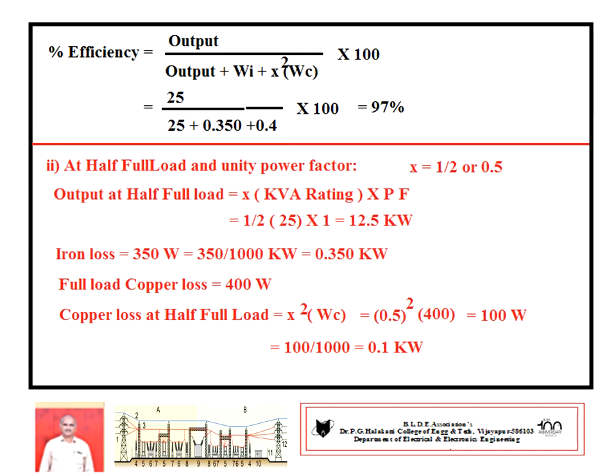Once again you write 350 watt or convert into kilowatt, 0.350 kilowatt. Full load copper loss is 400 watts. So copper loss at half full load equals X square times Wc, that is 0.5 square into 400. So we are going to get 100 watts, sir. Convert into kilowatt, 0.1 kilowatt.